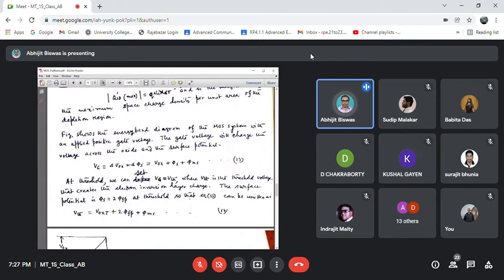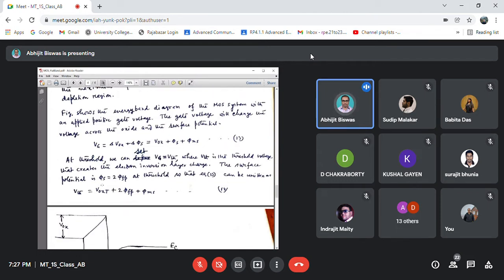Now it is the well-known equation, that is the gate voltage is equal to Vox, means oxide voltage, plus surface potential plus metal semiconductor work function difference. So now at threshold, we must set Vg equal to Vth.